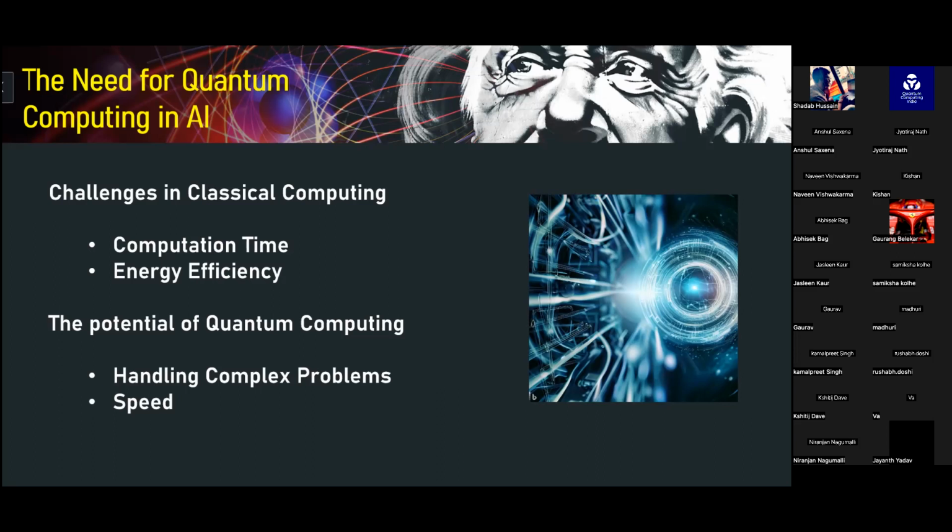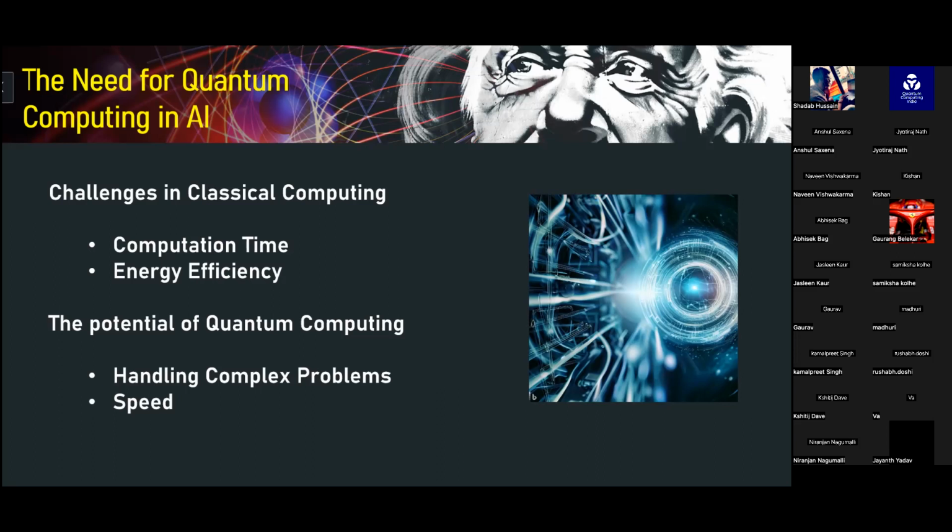Now, if you look at it, the digital resources or the computing resources to run an optimization problem, for let's say a portfolio optimization, consume a lot of computational time.